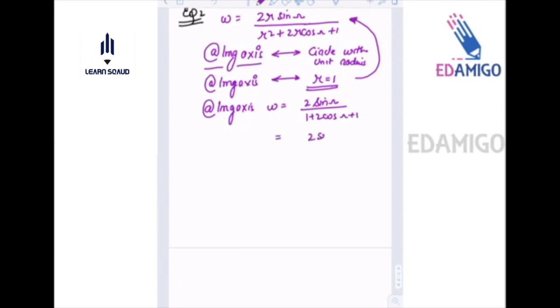So this will come out to be 2 sine sigma upon 2 plus 2 cos sigma, that is sine sigma upon 1 plus cos sigma, is the omega.